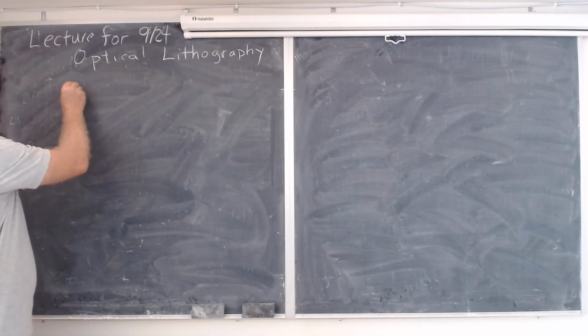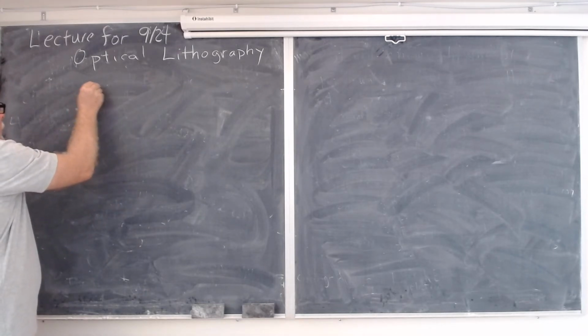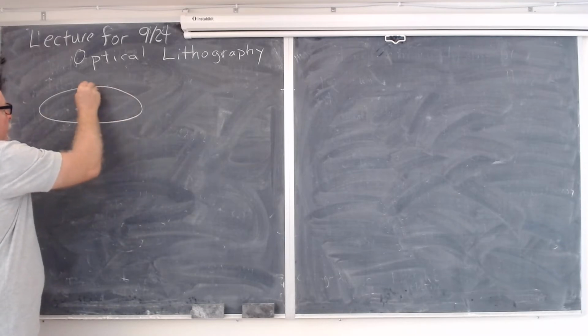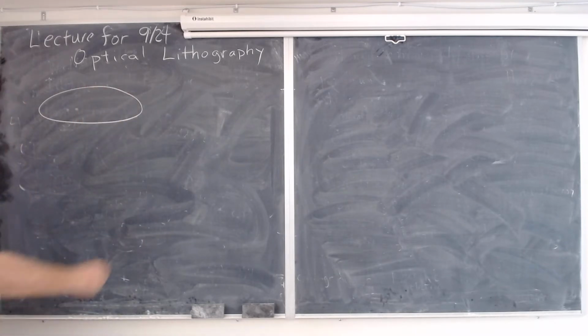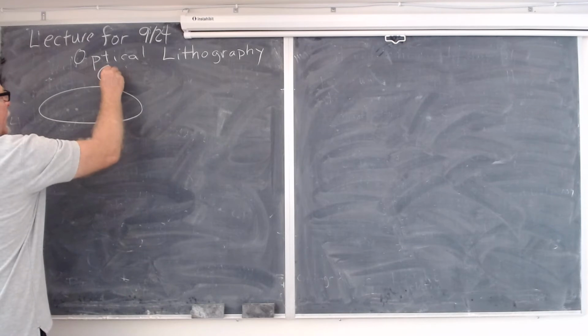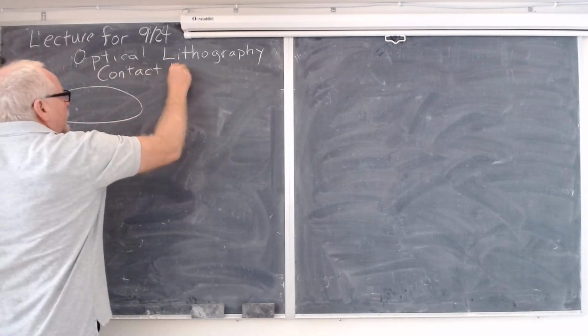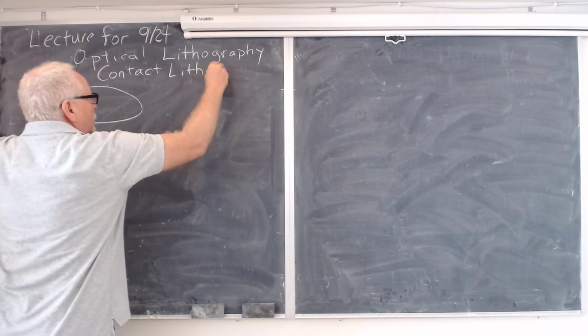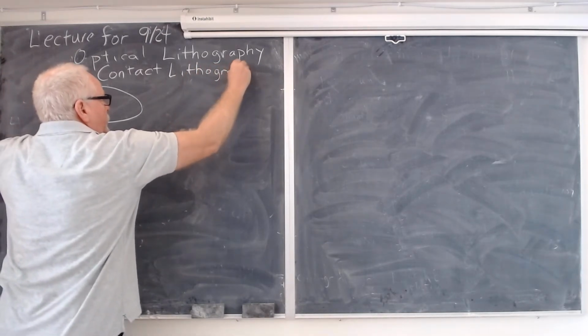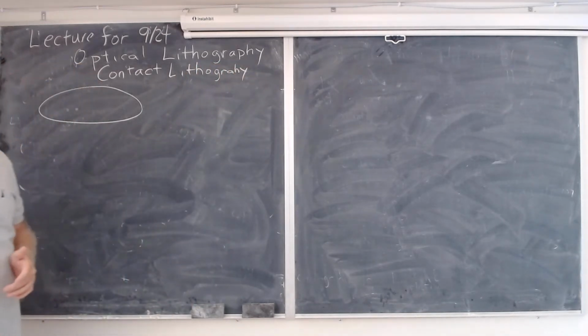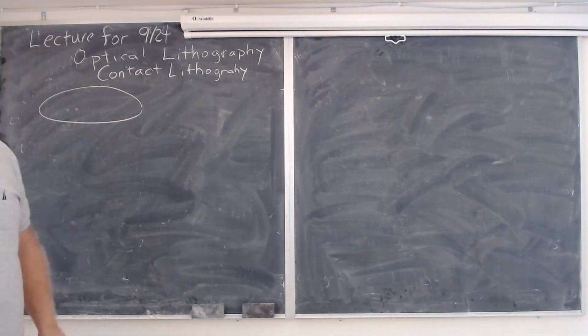So let's take our wafer, all right, and what we're going to start with is contact lithography. And you have the clean room video that shows NAM actually doing this.